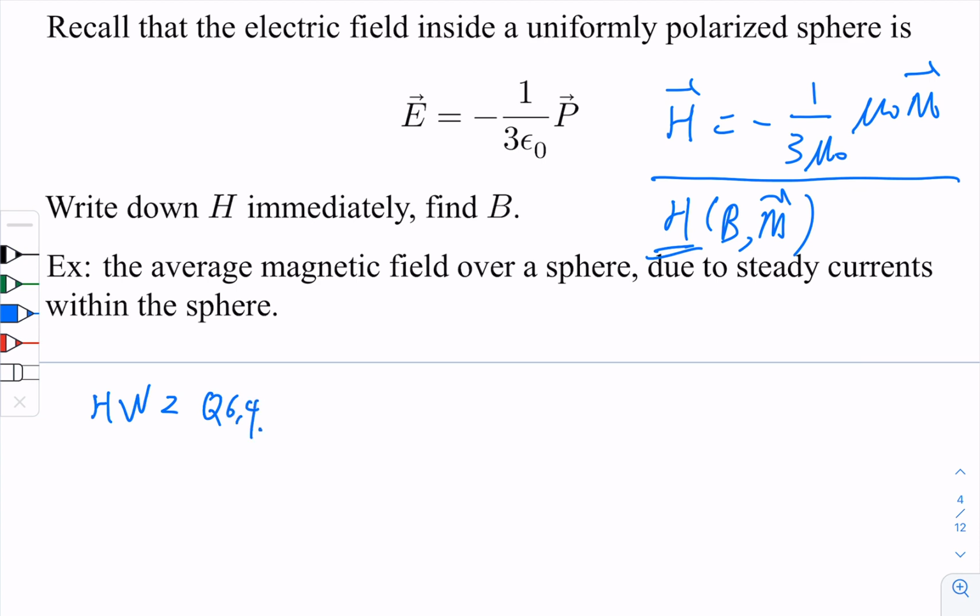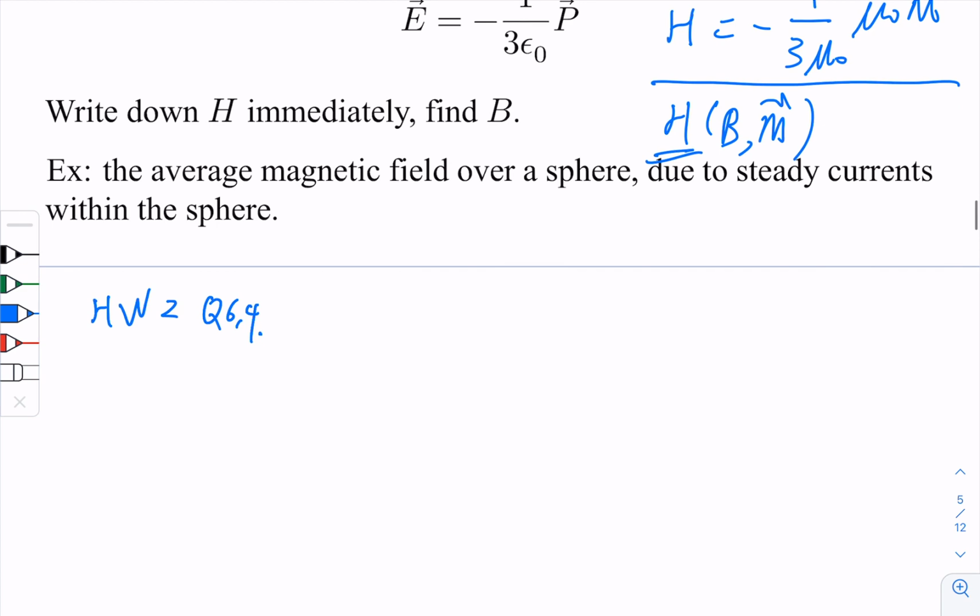I don't exactly recall, but if you still remember, it's a 4-step process that you need to do the derivation, and the final result should be for the average electric field. So now we map to this electric field over a sphere due to the charge or polarization.